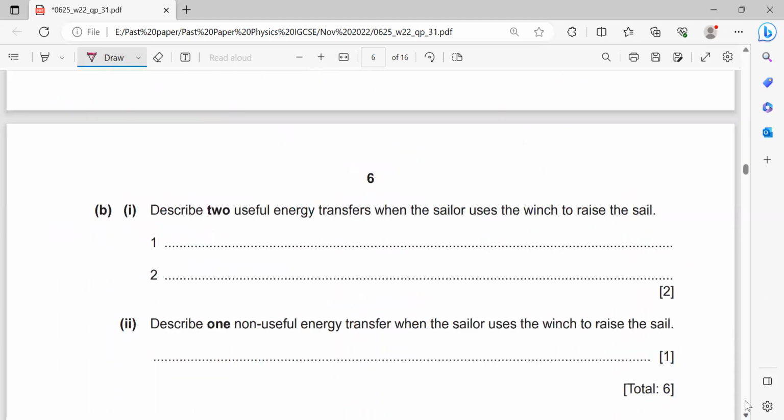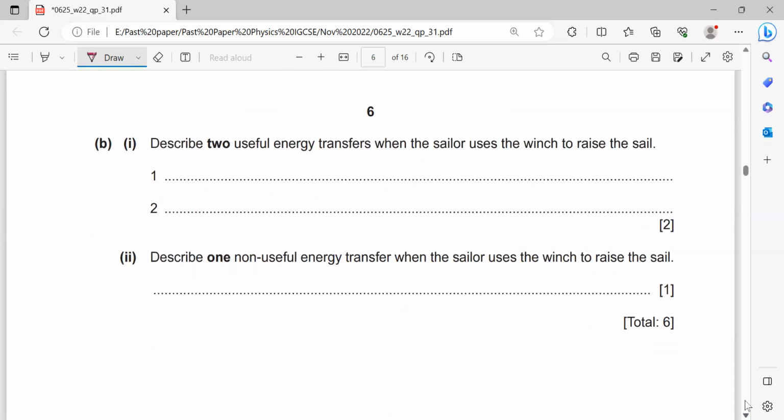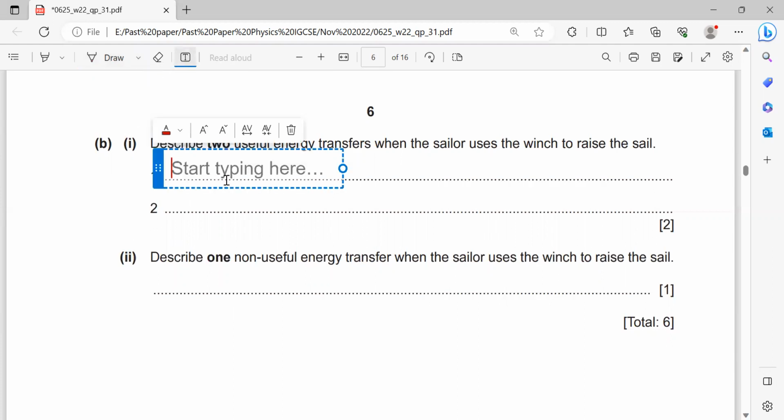Next, B: describe two useful energy transfers when the sailor uses the winch to raise the sail. So the first one, chemical energy from the sailor becomes potential energy.